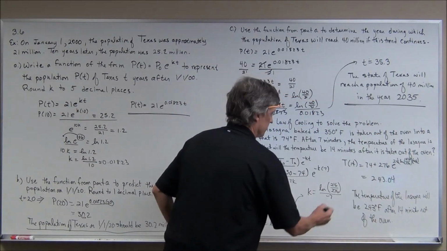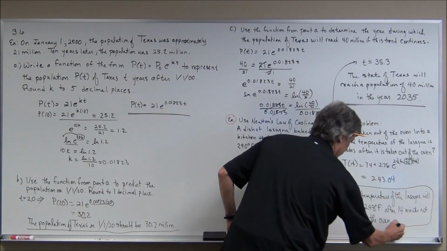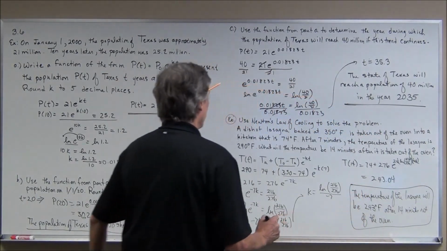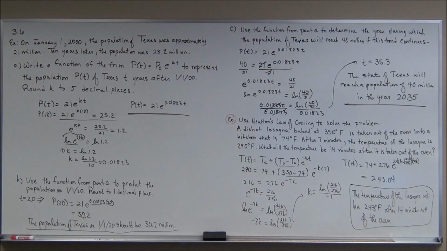Okay, I should probably circle that or something so you can see that that's the answer. That's an interesting little problem. It's something you'll see, again, Newton's law of cooling, you'll see that in physics and you'll see that in calculus.